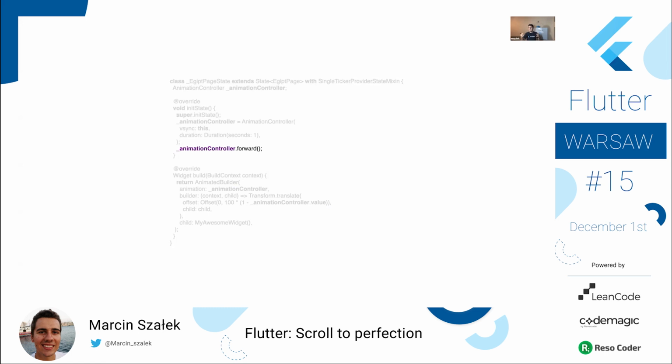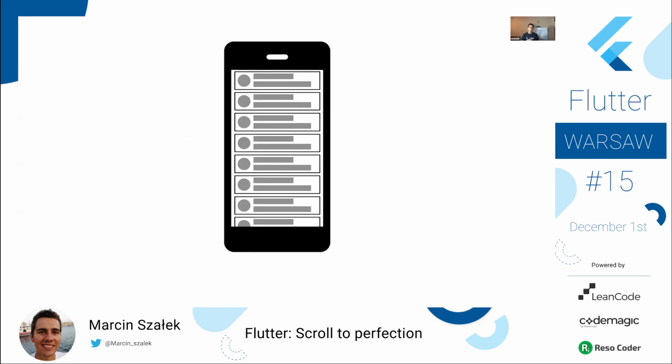But why can't we do it? When we have the ListView, even if you're using the ListView builder, you can think that Flutter will only render the objects that are visible on the screen. However, it's not true.